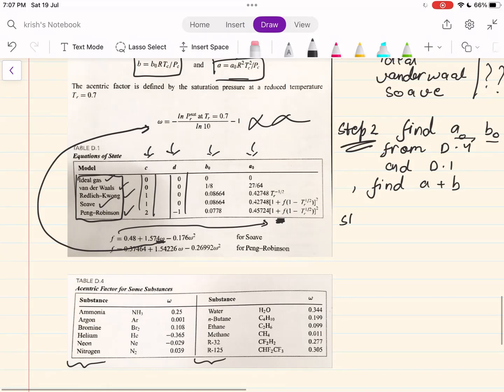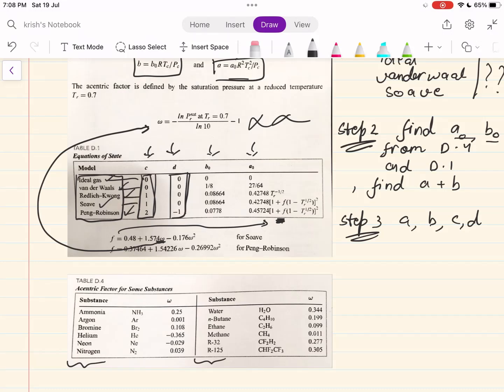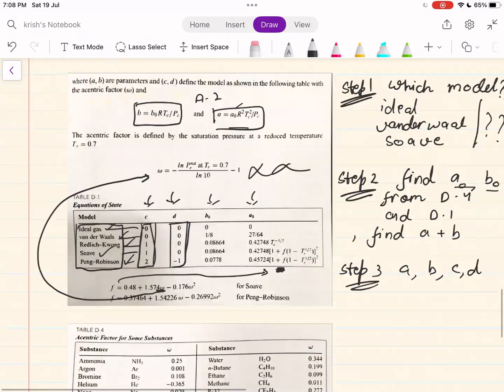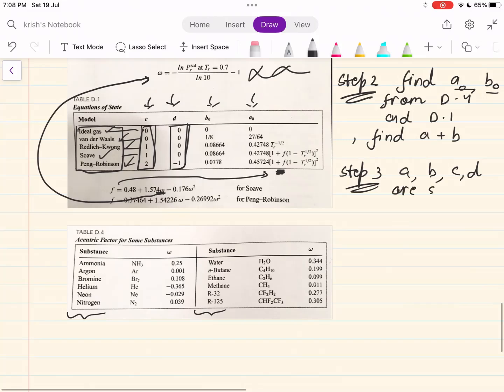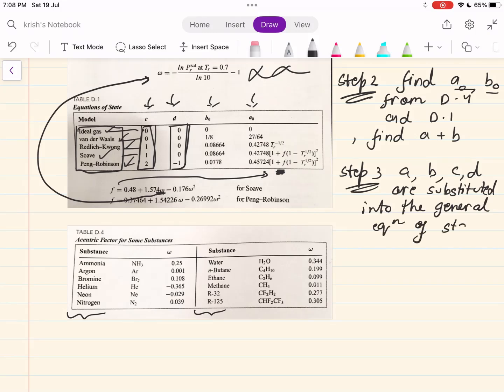Now you have a, b, and you also have c and d, because remember, c and d values are pre-calculated for all of the models that you choose. a, b, c, d will now be substituted into the general equation of state, which was P equals RT by V minus b, and so on and so forth.